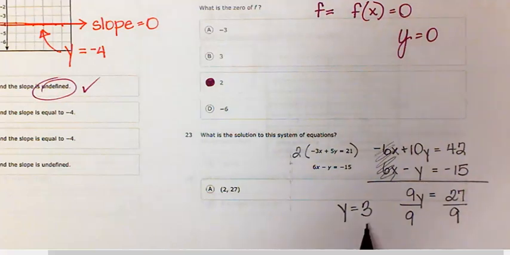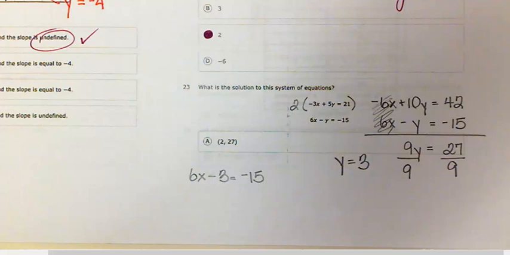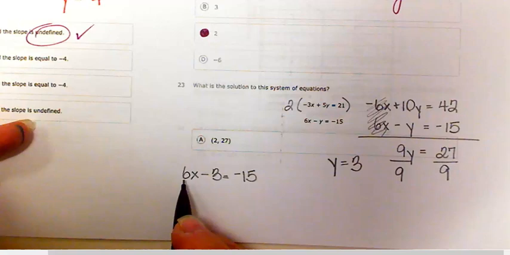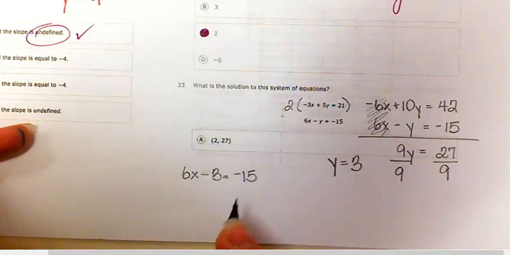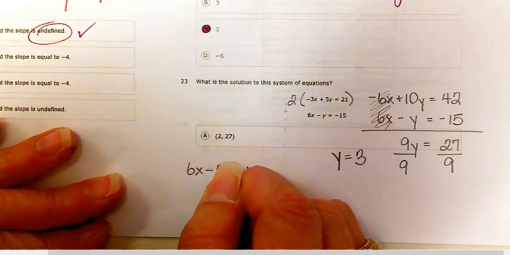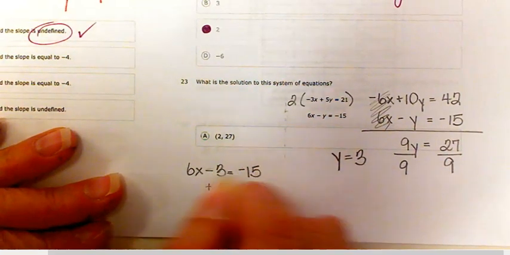And then you just need to take the y and plug it back in to get what your x is. Okay, it really doesn't matter which equation you use because either one of them will work. But I took the second equation and put 3 in for y. So 6x minus y equals -15. And remember, y is 3. So now I'm going to move the 3 to the other side.